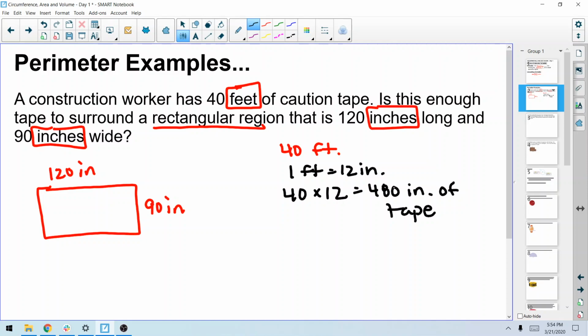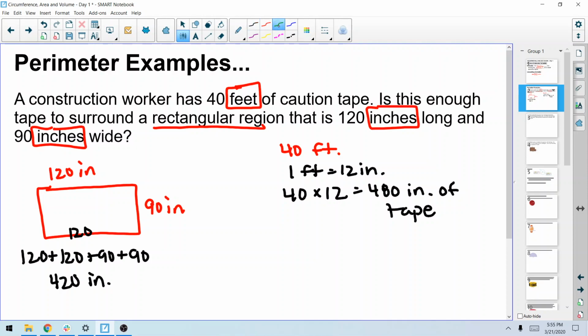Now, we need to know if that's enough to go around this region, so we're going to find the perimeter. I'm going to take 120 plus 120, because if the top's 120, the bottom is also 120, and then add 90 plus 90. 120 plus 120 plus 90 plus 90 gets us 420 inches.